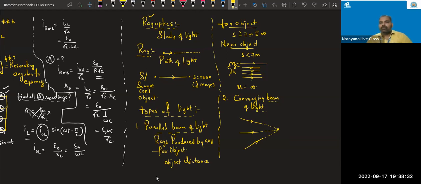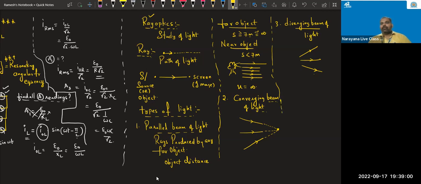Next one, diverging beam of light. What is a diverging beam of light? Tell me. The light rays which never meet in the future are called diverging. There is no chance of a meeting point in the future.